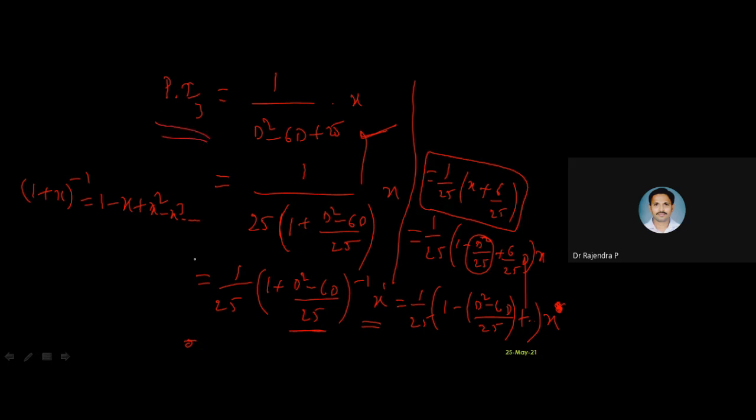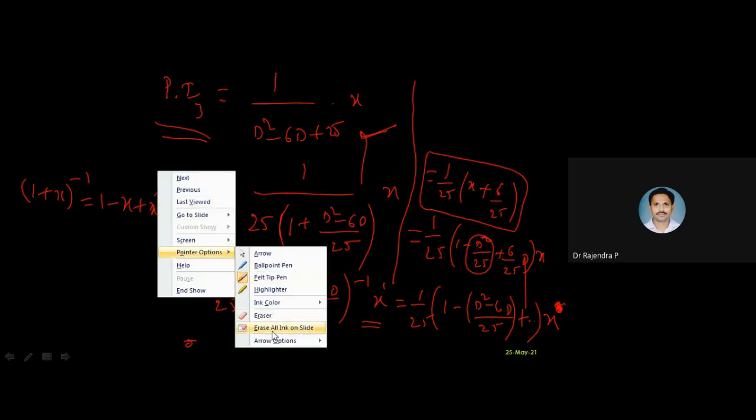Now the total particular integral is PI equals PI1 plus PI2 plus PI3. We have taken these as 3 parts, and if somebody remembers them, okay. Otherwise, first, e to the power of 2x by 17, right?